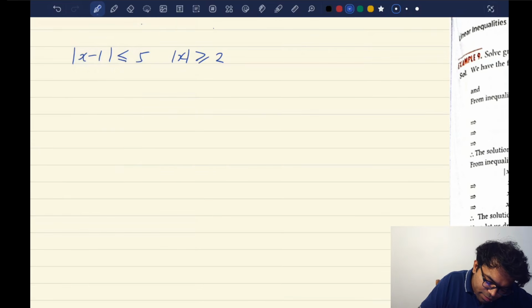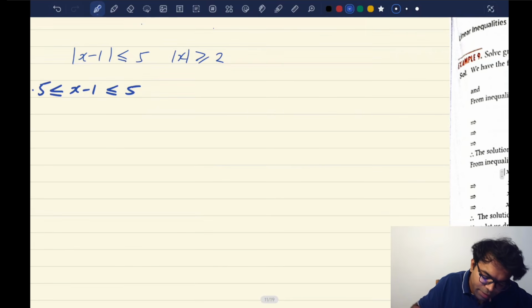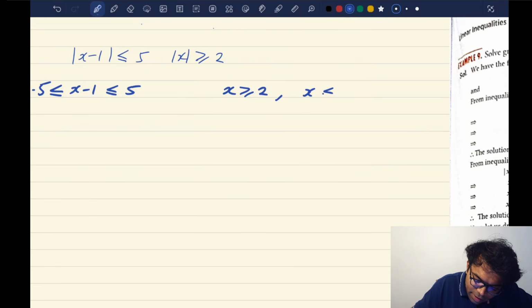I can write this as x minus 1 is less than or equal to 5, but it is greater than or equal to minus 5. Am I right? Because it is less than. And this can be written as what? x is greater than or equal to 2, or x is less than or equal to minus 2.